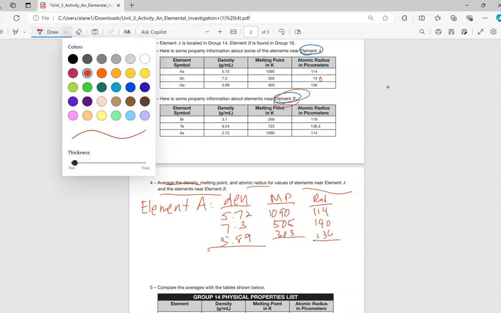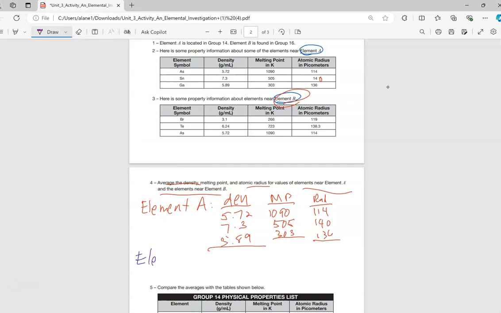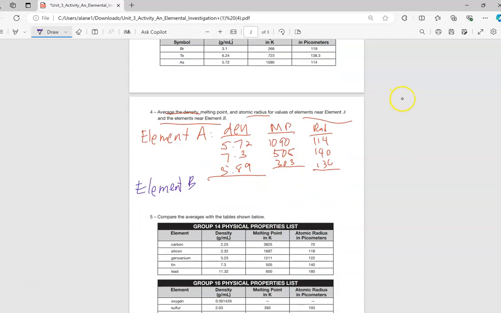Now I am going to change my color. I'm going to do element B. I'm going to do the same thing. Scroll up a little bit. So I'm going to take density. Of course, your work will be nicer. I'm going to take 3.1, 6.24, and 5.72. I'm going to add them all together and divide by 3.